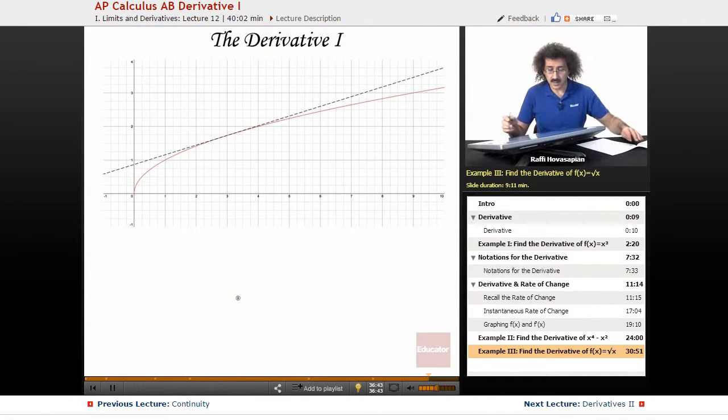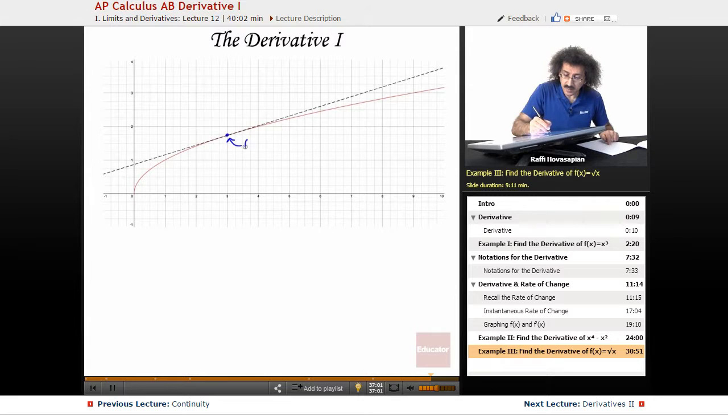Here we go. The red is the graph, the black is the tangent line to the graph at x equals 3. So at the value x equals 3, I go up here. So this point right here, this is my 3, rad 3.